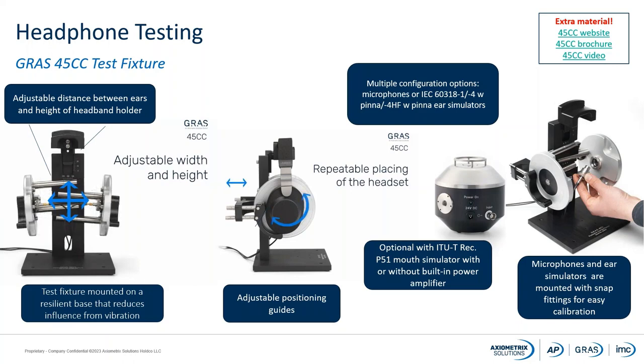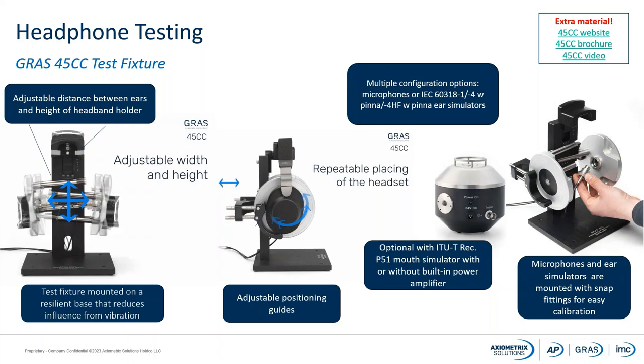We also have an easy adjustment of the headband, the height of the headband holder, so we will find the right central positioning of our headphone cup. To align the headphone cup, we have the positioning guides, which are also easy to adjust.